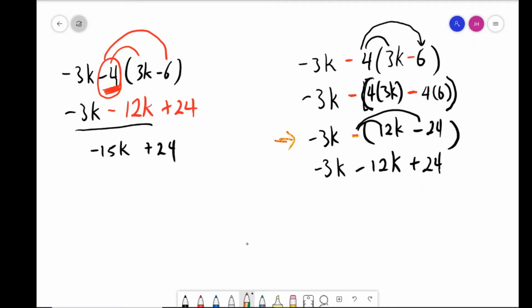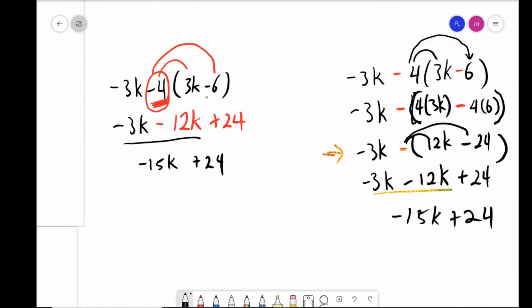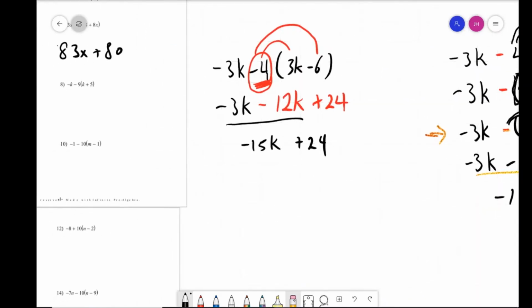That's how you read it, which I honestly don't like, but whoever prefers it, be my guest. Negative 15k plus 24. So we can still get to the same answers regardless of which method you use. Alright, we have to go on.